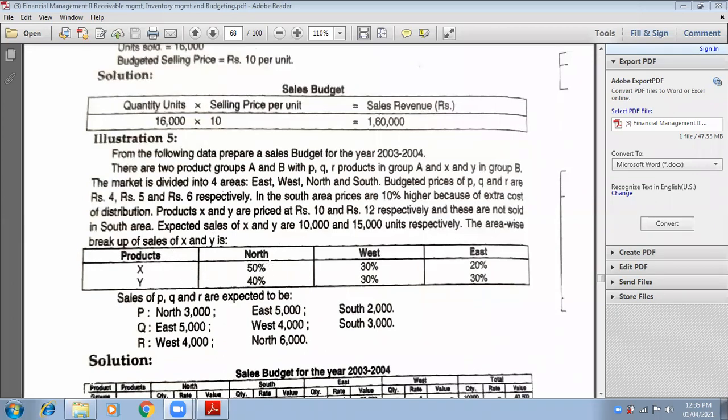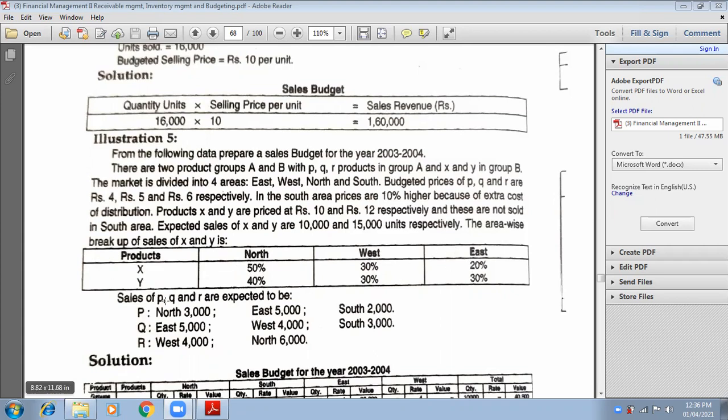For X, it is North 50%, West 30%, East 20%, because in South you are not selling the products X and Y. And Y product, 40% in North, 30% in West, and 30% in East. If you see, it is 100%. 50% and 30% means 80, and 20 makes 100. For X, it is 100%, but you divide it into North, West, and East.